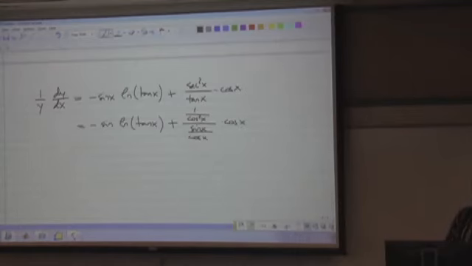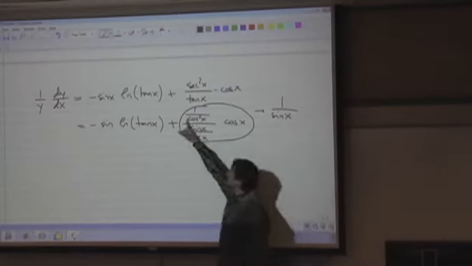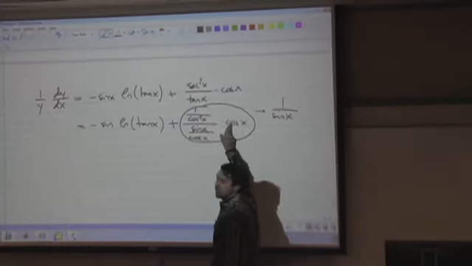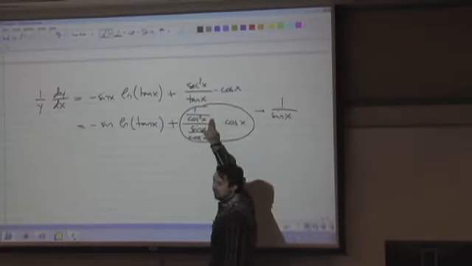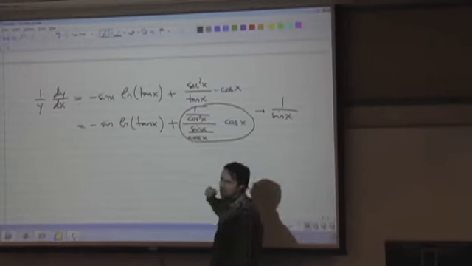This whole thing simplifies to 1 over sine x. Can you see that? The cosine squared moves in the denominator. This cosine moves in the numerator, times the cosine makes cosine squared. And so the cosine squareds will cancel out, so you're just going to be left with 1 over sine of x.